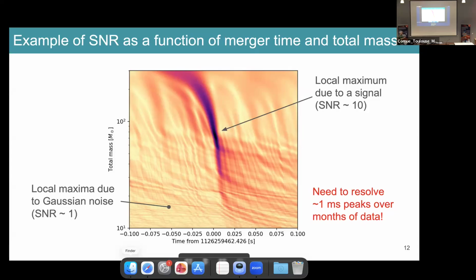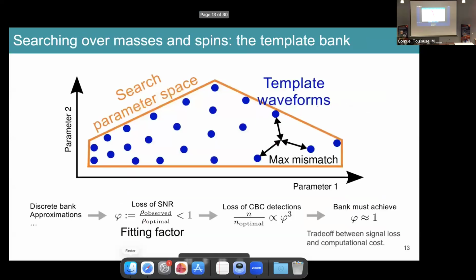And if you want to find all the signals, you need to resolve peaks which are 1 millisecond wide in months of data. So you can imagine you need to calculate this matched filtering across months of data with a resolution of 1 millisecond only over time, and a small fraction of mass over mass parameters. So this is a lot of calculations.